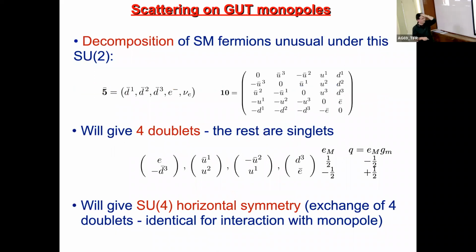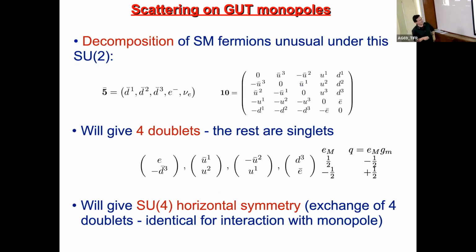So if you are trying to find what the matter content of the standard model is under the SU(2) that is giving rise to the monopole, you get this weird stuff, because you are asking how do the representations, the 10 plus 5 bar of SU(5), decompose under just an SU(2)? Well, all you can get is doublets or singlets.